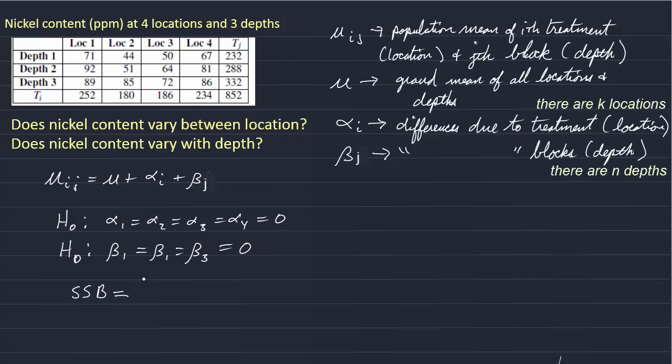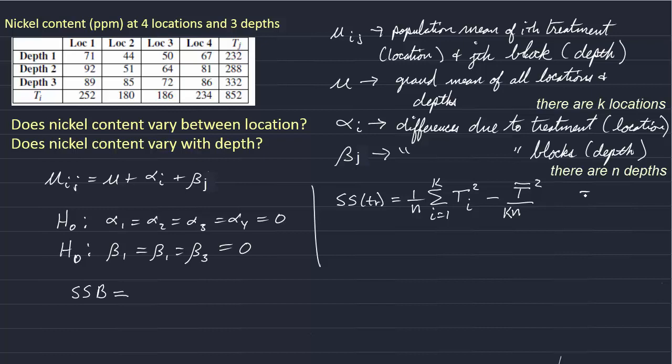Let's go back to defining the sum of squares associated with the treatments, and that was 1 over n times the sum of i equals 1 to k different sample locations of T squared i, minus the total squared, the sum of all the measurements squared, divided by the number of all the measurements.